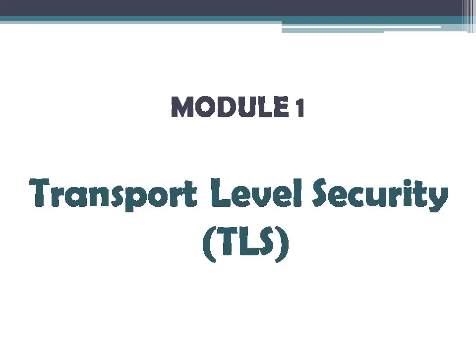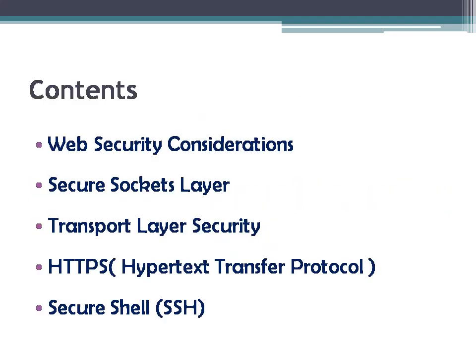Today we will be revising module 1, which is Transport Level Security or TLS. The contents of module 1 include web security considerations, Secure Sockets Layer, Transport Layer Security, HTTPS, which is nothing but Hypertext Transfer Protocol Secure, and Secure Shell or SSH.